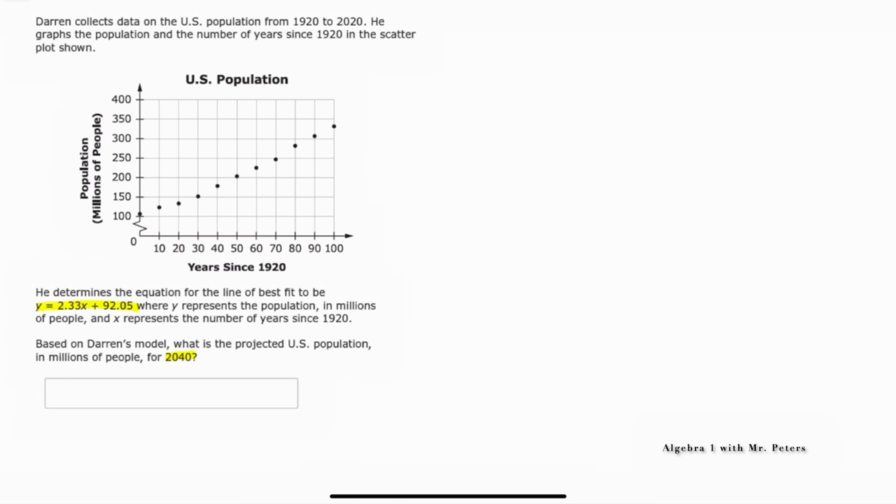But you have to be mindful, they're talking about the population since 1920. So for us to properly answer this problem, we're going to have to subtract 1920 from 2040. And when we do, we're going to get 120. So this is going to represent the years that passed since 1920, and this is what we plug in for x.